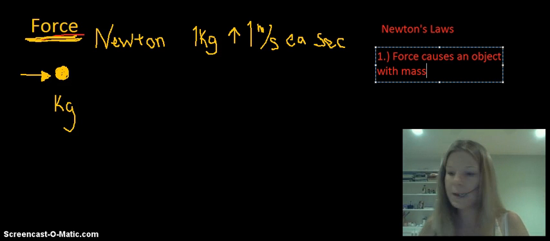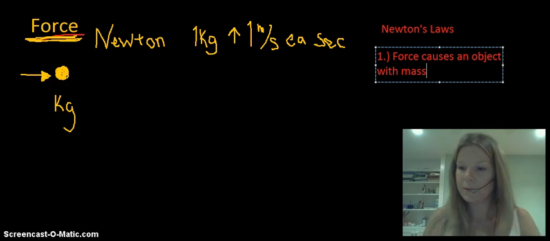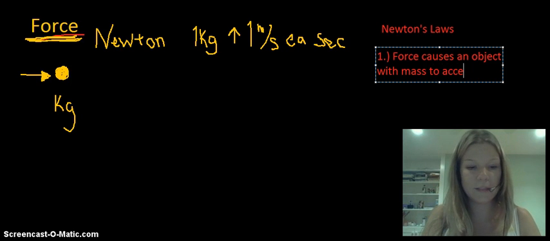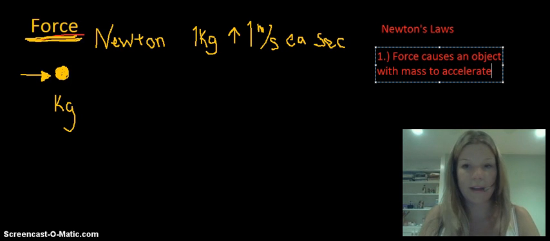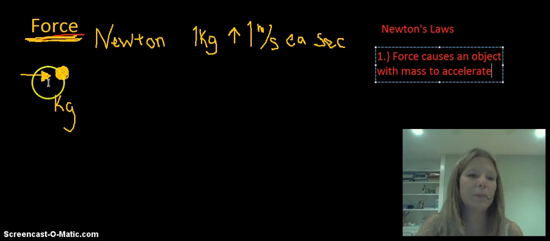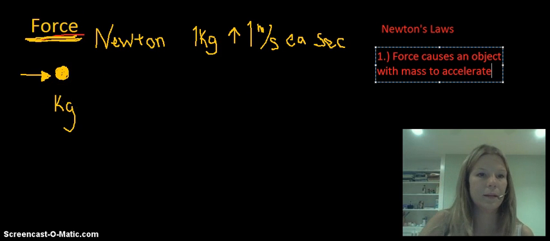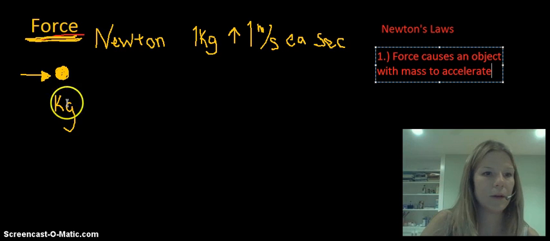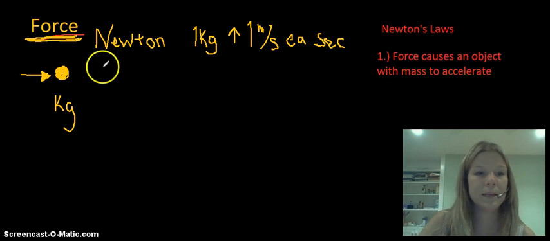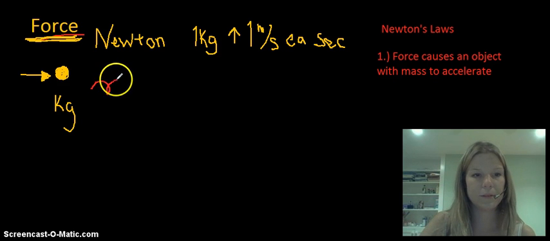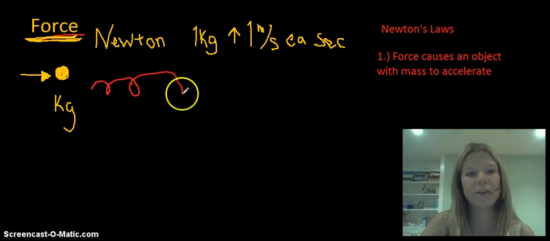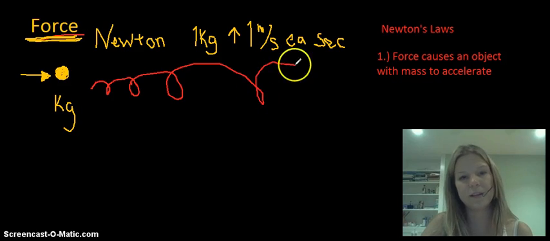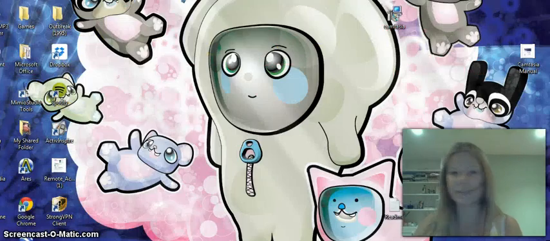You have mass. A force causes an object with mass to accelerate. That means go faster and faster. So when we put a force on our cute little red ball here, it's going to cause it to accelerate. It goes faster and faster and faster for every second that passes.